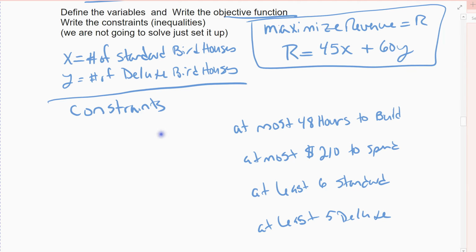So the time spent building the birdhouses can be less than or equal to the maximum, which is the 48 hours he can spend. This is going to be the equation involving building the birdhouses, which has numbers out in front that I'll have to figure out based on what they tell me in the application. But I know it's a less than.